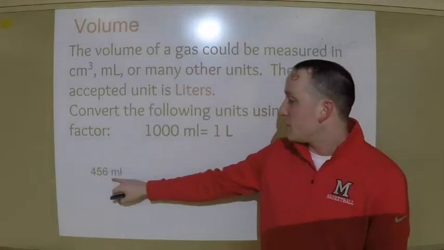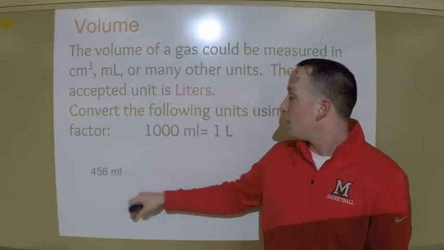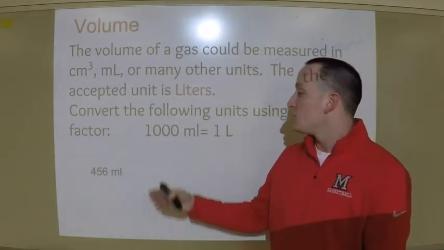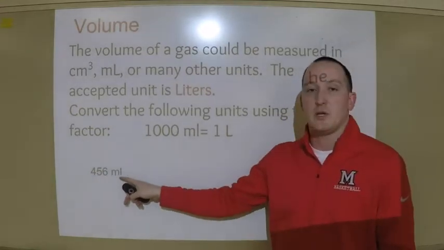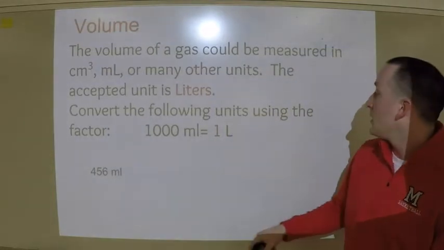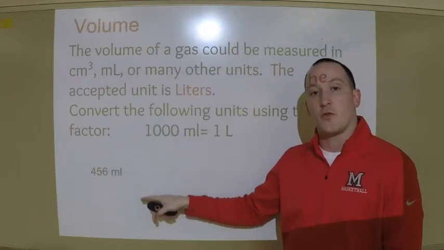So since milliliters is the unit on the 456, I'm going to set up my dimensional analysis, and again, you ask yourself, which thing goes on the top and which goes on the bottom? Well, since milliliters is my unit here, and I want to get rid of that unit so I can get to liters, I'm going to put my 1,000 milliliters on the bottom.